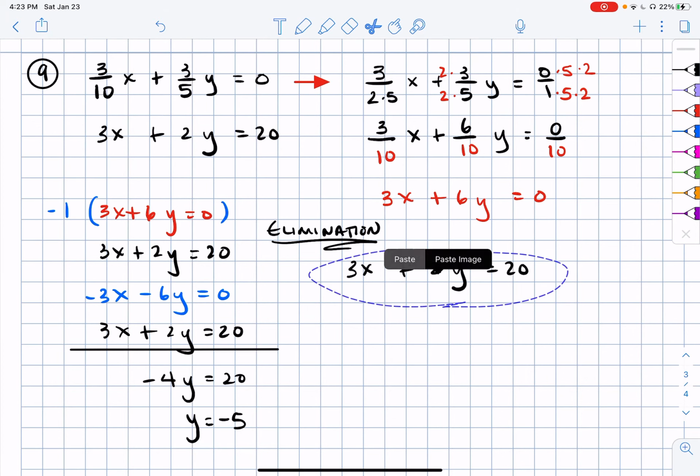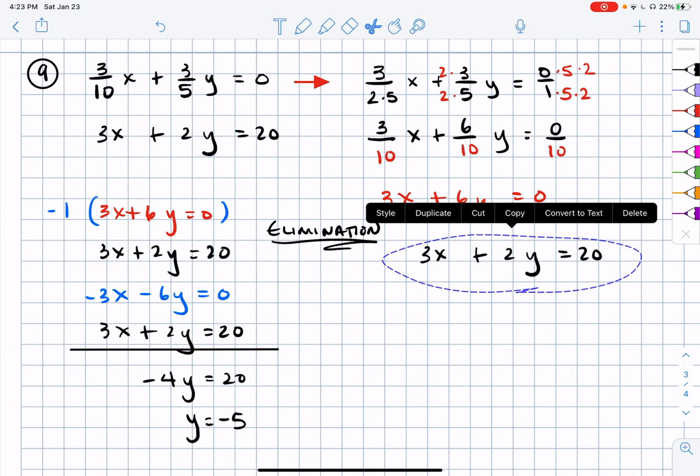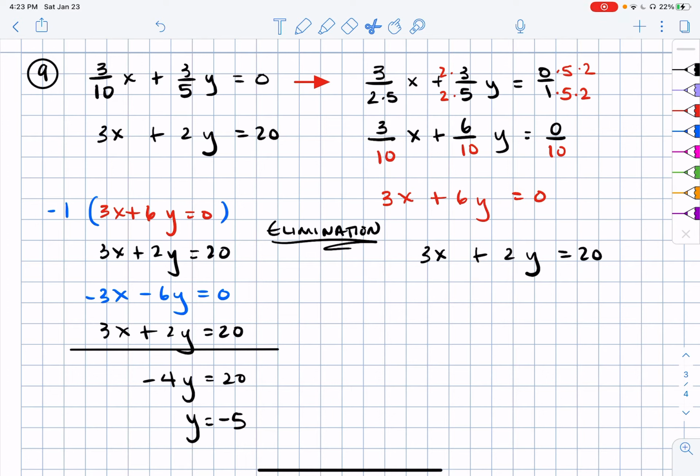Copy, paste, right? So that was my second equation, and I'm going to have 3x plus 2 times negative 5, because that's the y value, is equal to 20. So 3x minus 10 is equal to 20.